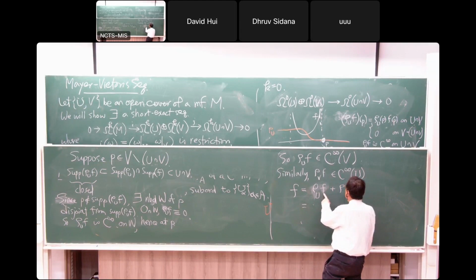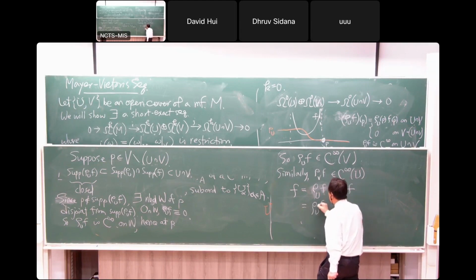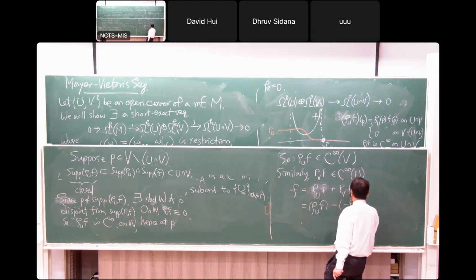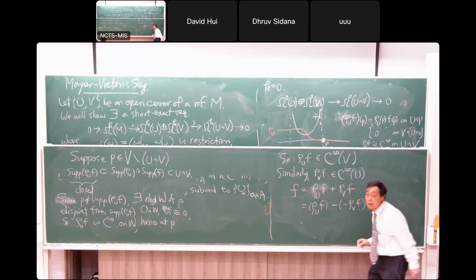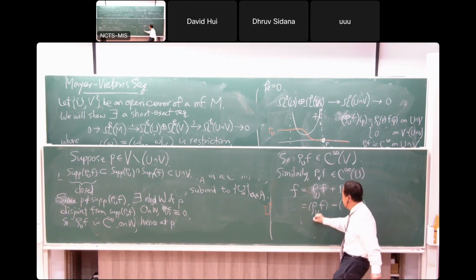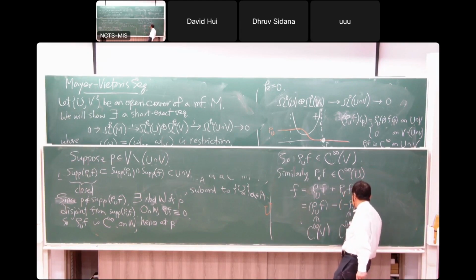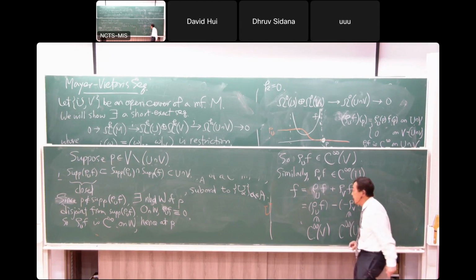Rho UF plus rho VF. And then you write it as rho UF minus rho VF. And so this is a C infinity function on V. This is a C infinity function on U, okay?